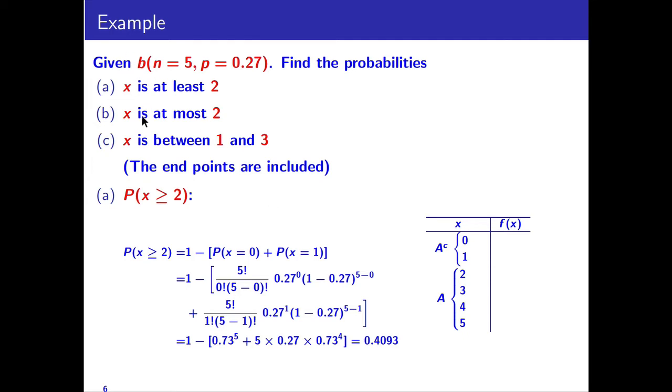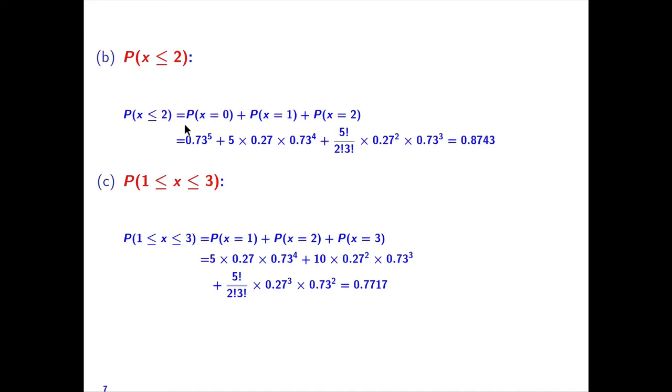Now, for x is at most 2, we also write down the probability statement. That's the probability of x less than or equal to 2. So to find the value, you have the probability of x equals 0, and then the probability of x equals 1, and then the probability of x equals 2.